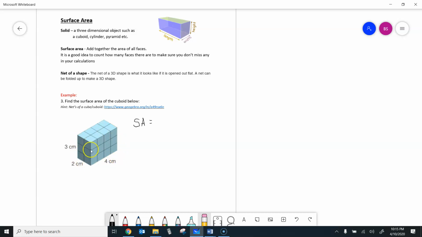So let's look at this side. So 3 times 2, length times width, is for this area. And there's 2 of them because there's the other side on this side that we can't see. Let's look at the top. The top is 2 by 4. So we add, there's 2 of them because there's also the bottom.